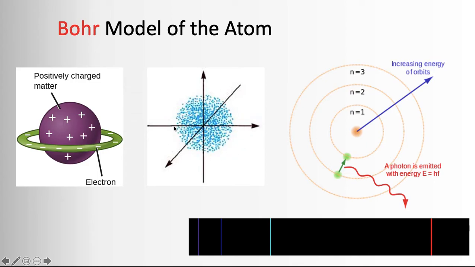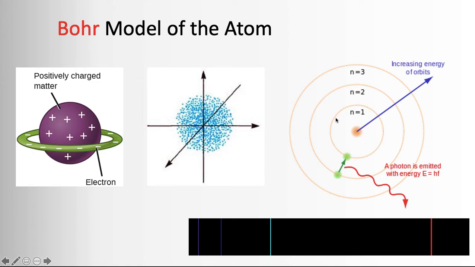But once again, these are probabilities of finding the electron, because we cannot really say for sure that the electron is right here at this particular time. Now the person who really described the modern model of the atom was Niels Bohr.